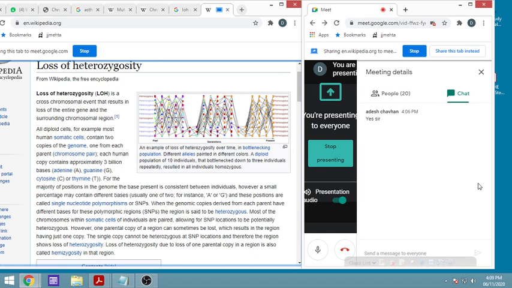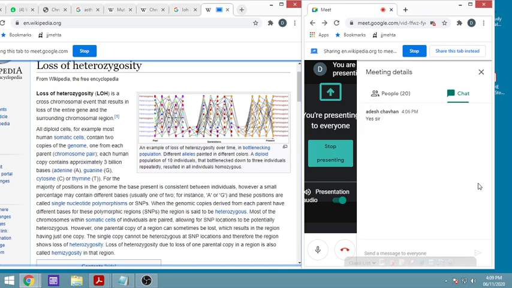When the genome copies derived from each parent have different bases because of this polymorphic region or SNPs, this region is called heterozygous, because one has one set of nucleotide coding, and not in all cases, only at one place or another of this gene, and most of the chromosomes within the somatic cells of that individual are paired.